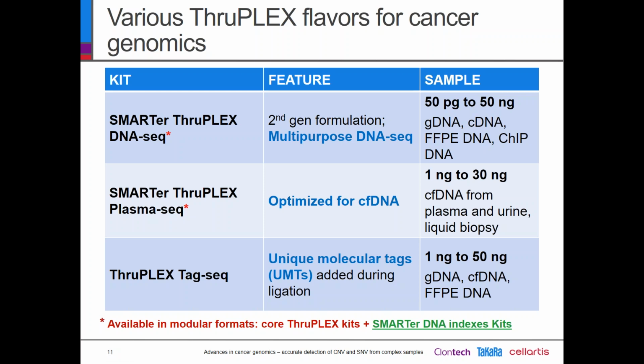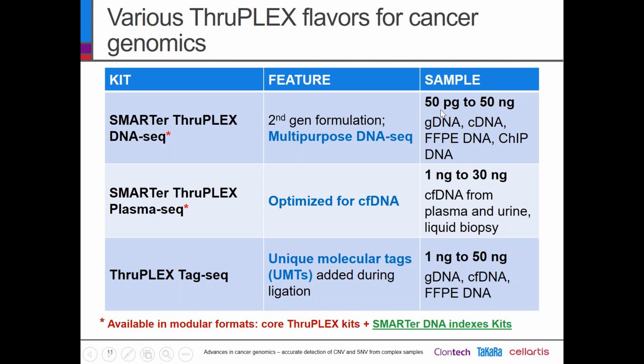ThruPlex comes in different flavors for cancer genomics, in 3 flavors. First, ThruPlex DNA-seq, a multi-purpose solution for cancer genomics. As you can see, it's one of the most sensitive products on the market.